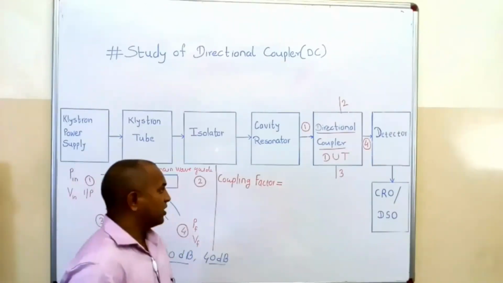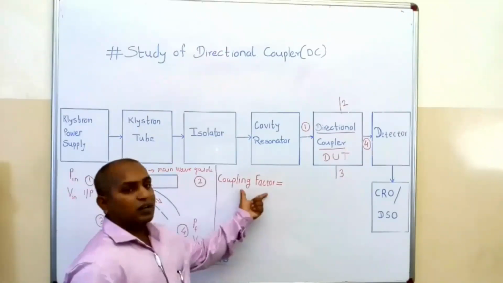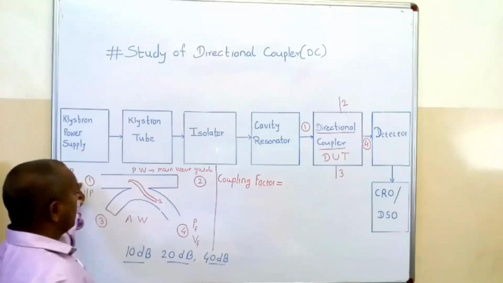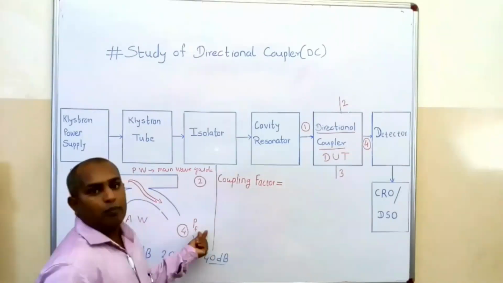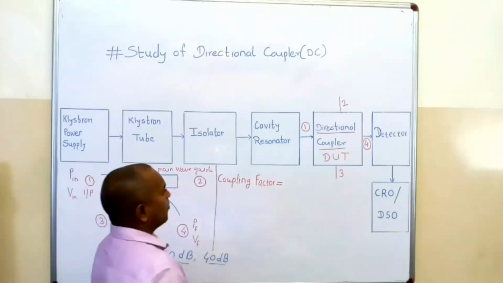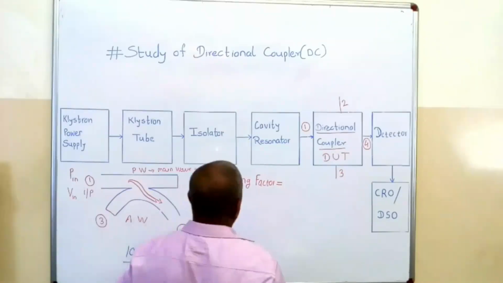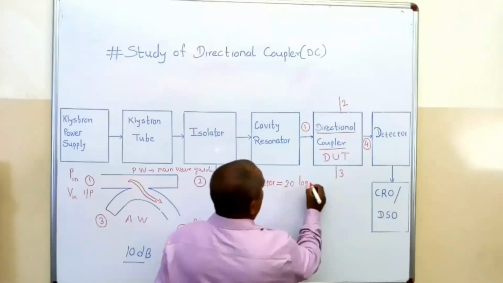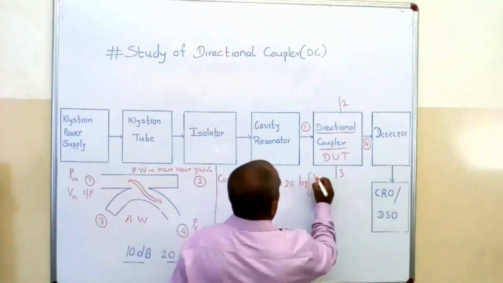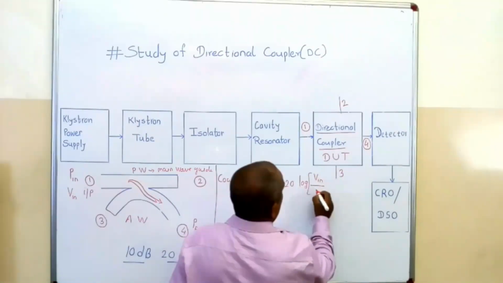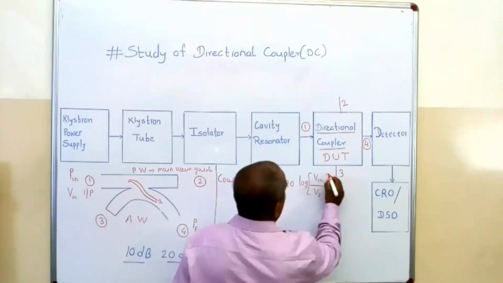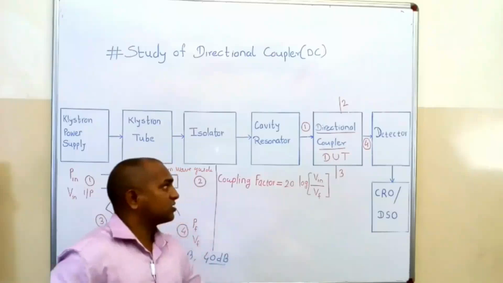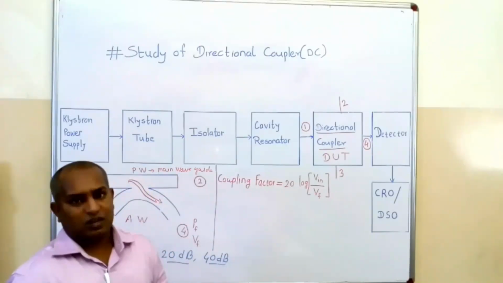And according to the definition, the coupling factor is the ratio of input power to the coupled power, and hence my formula in terms of voltage would be 20 log of input voltage to the coupled voltage. Yes, this is the first case related to the directional coupler.